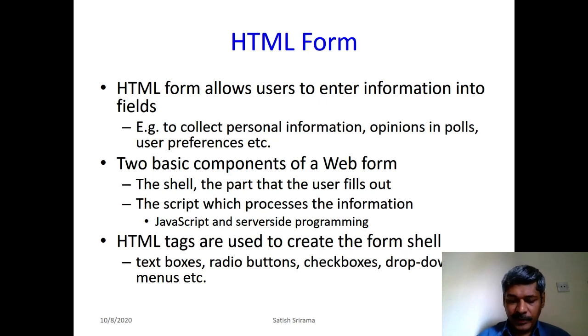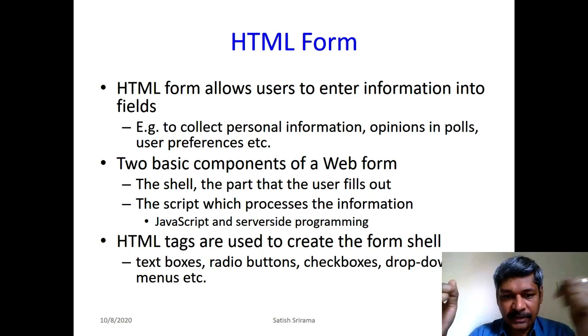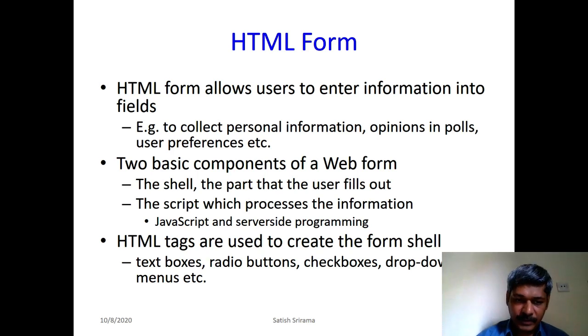While learning HTML, we have already learned HTML forms allow users to enter information into fields, say for example to collect personal information, opinions, polls, or user preferences. We already discussed there are two basic components in a web form: the shell, the part that the user fills out, and then the scripts which process the information. There will be two types of scripts.